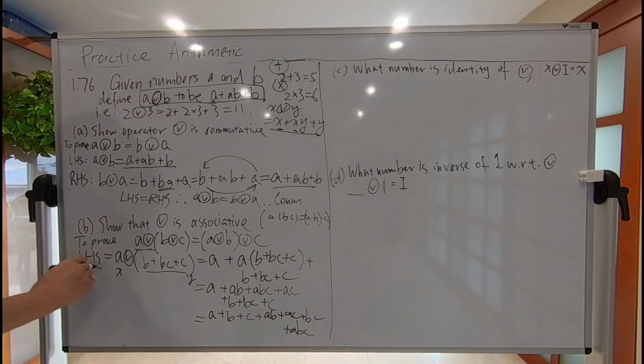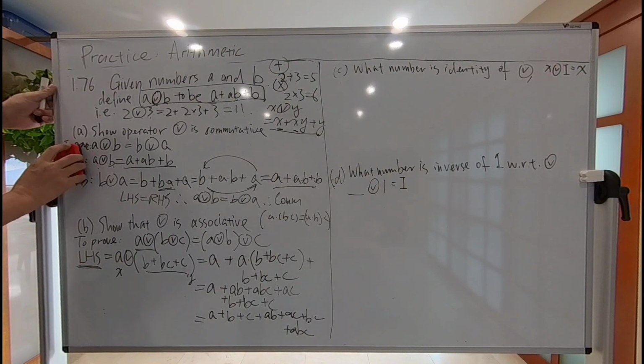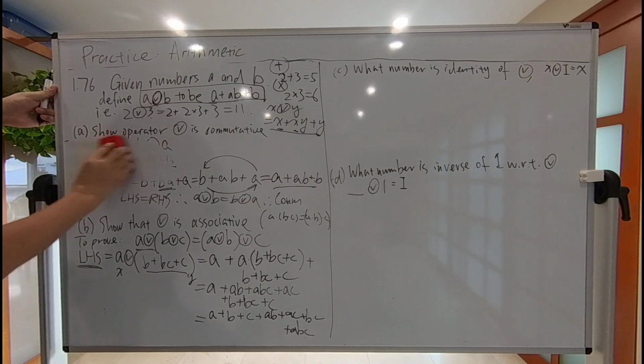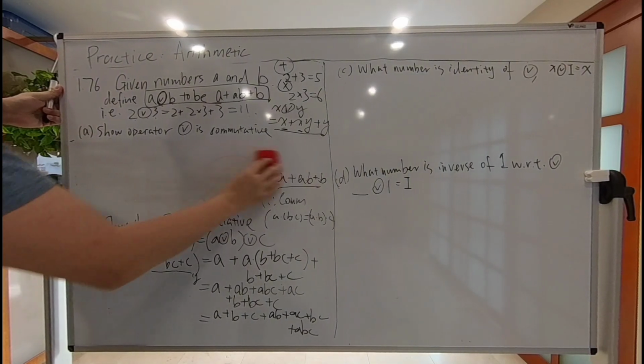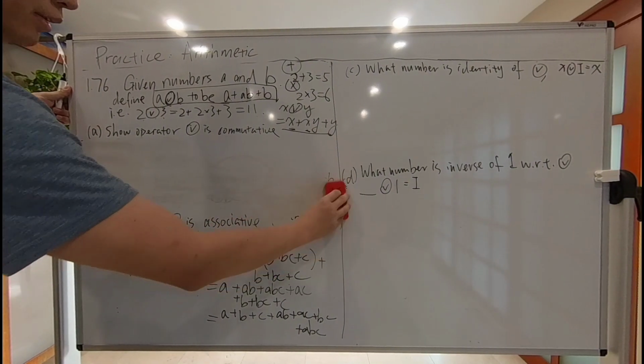So this is your left-hand side. And then I need to check what my right-hand side is, and to show if they are equivalent or not.